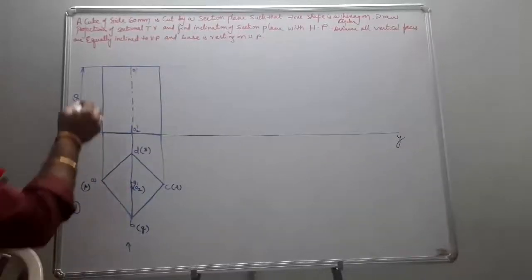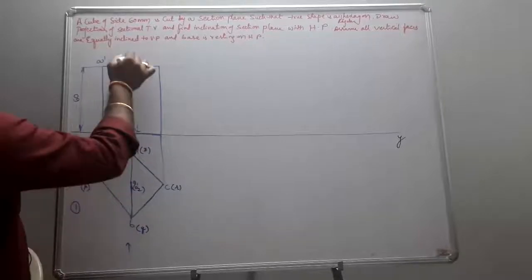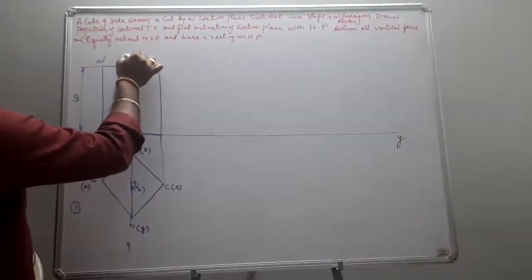The front view points in the top base are A dash, B dash of D dash.